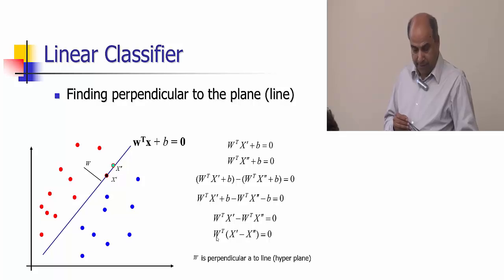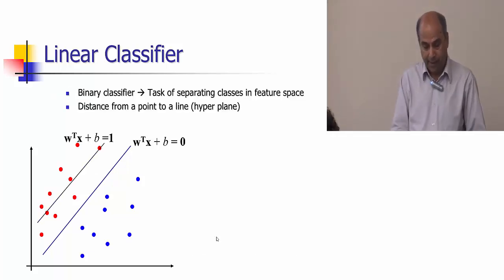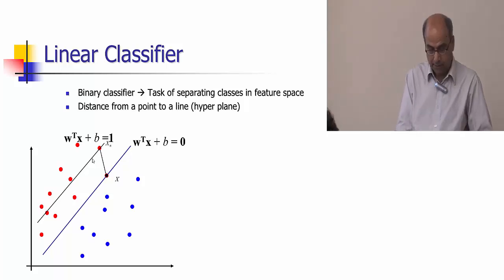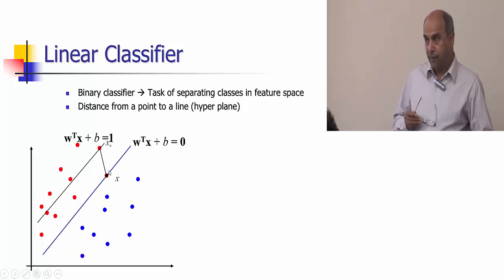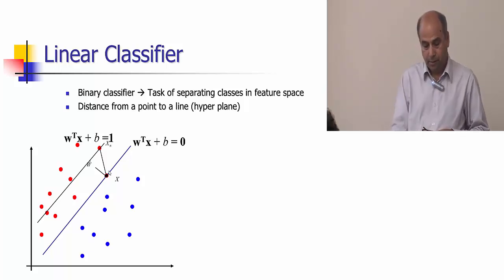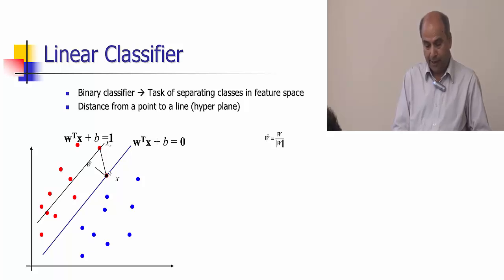Second thing is that we want to look at the distance from a point to the plane, which is shown here. Suppose that's a point, and we want to find the distance from this point on this side to the line separating them, which is x, and we want to find this distance in the direction of W, which is perpendicular to this line. Again, we are going to use a unit vector, which will take the vector and divide by magnitude.